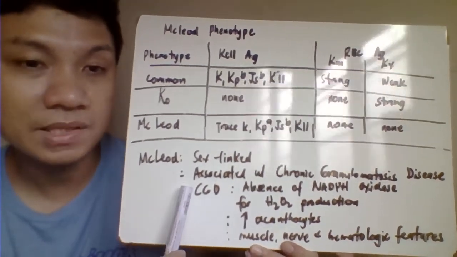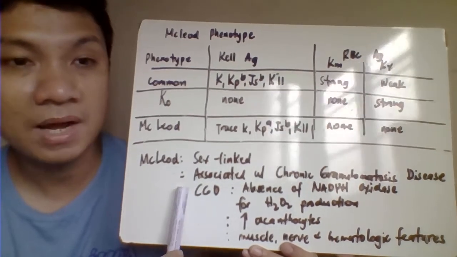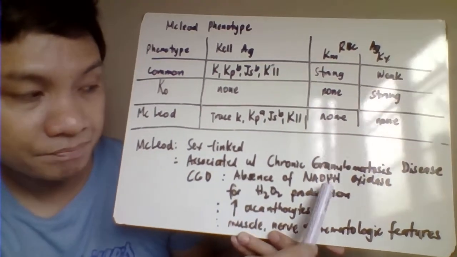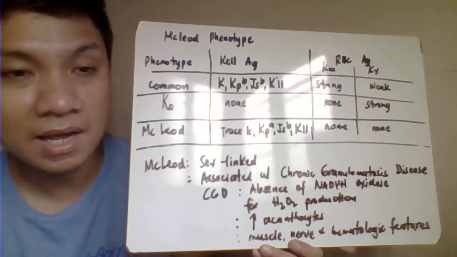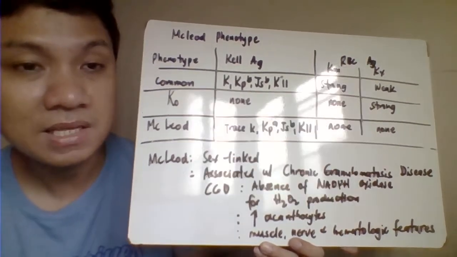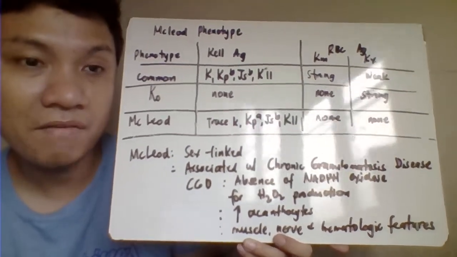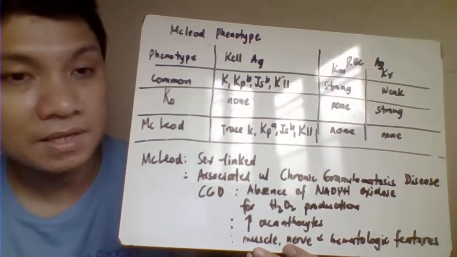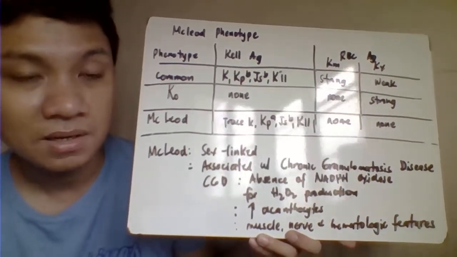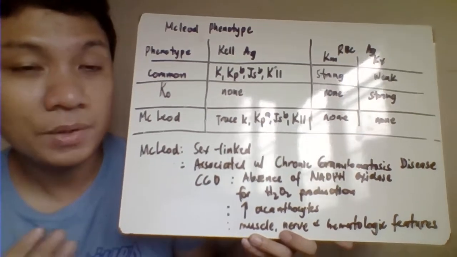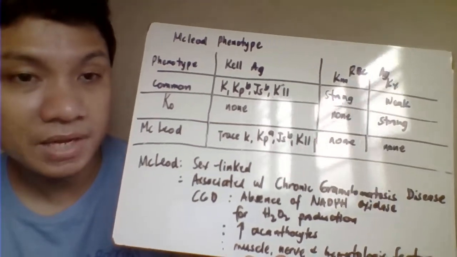Chronic granulomatous disease is characterized by the absence of NADPH oxidase. NADPH oxidase is an enzyme needed for the respiratory burst that allows your phagocytes, like the neutrophil and monocytes, to kill the ingested pathogen.